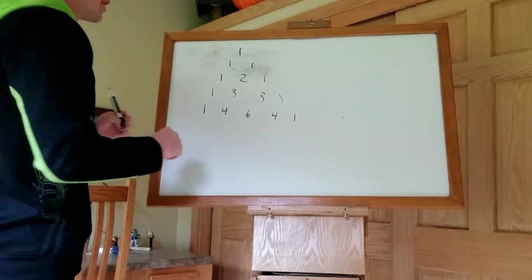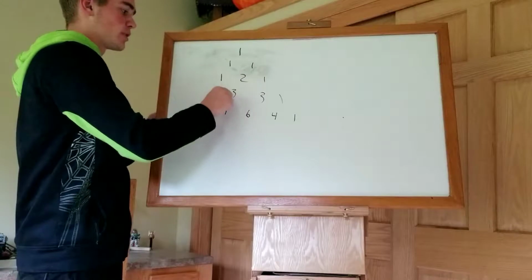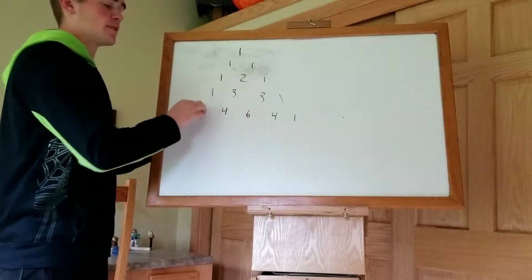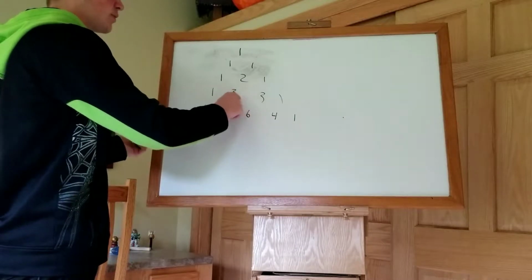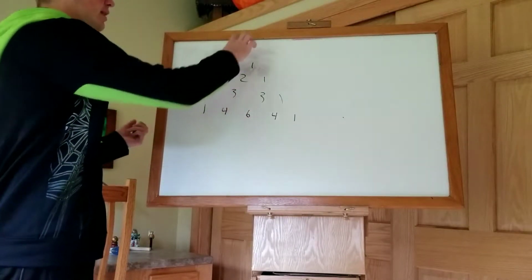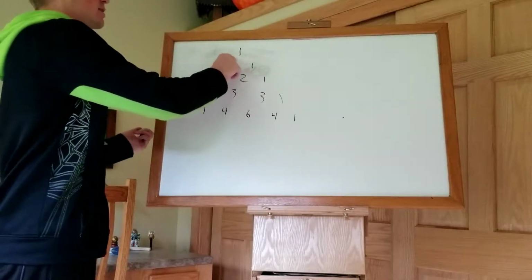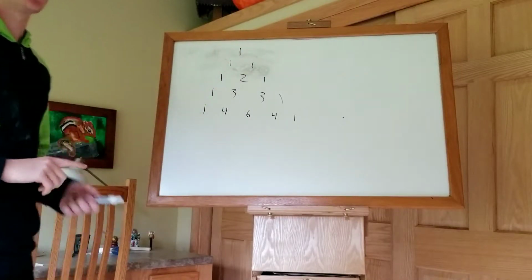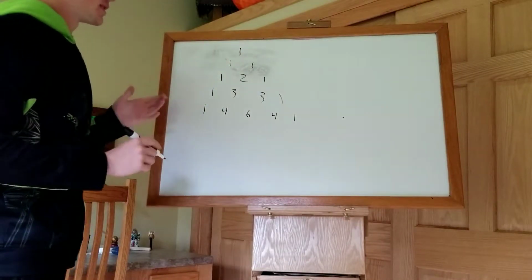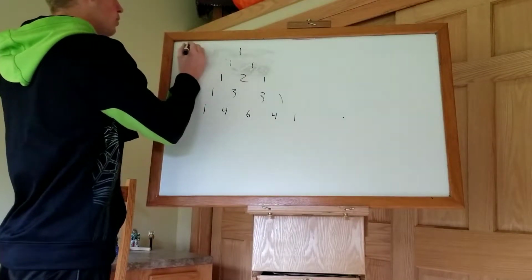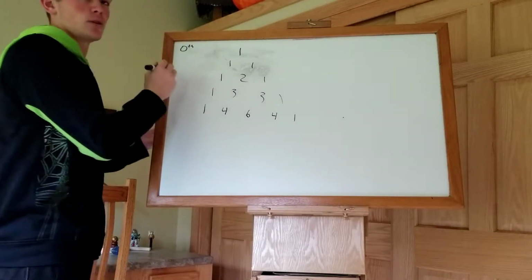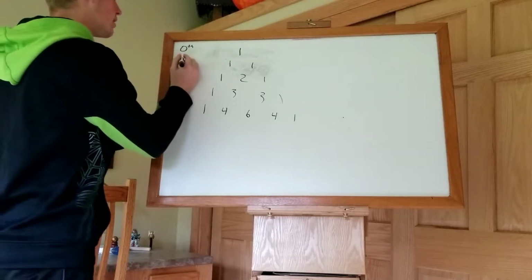And the pattern that this triangle has is that any number here is the sum of the two numbers above it. So, for example, 6 is the sum of 3 and 3, or for any of these on the edge, 1 is the sum of 1 and essentially 0. And for the purposes of right now, I'm going to be calling this top row the 0th row, which will make sense in a second.